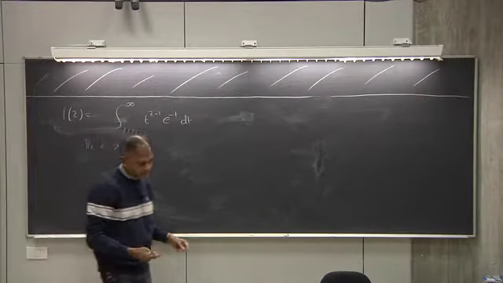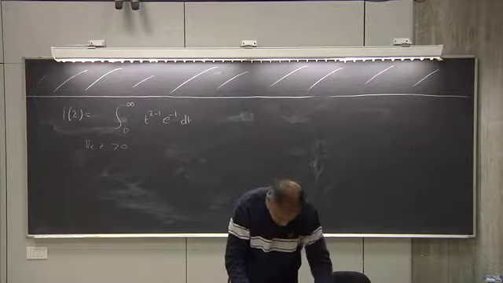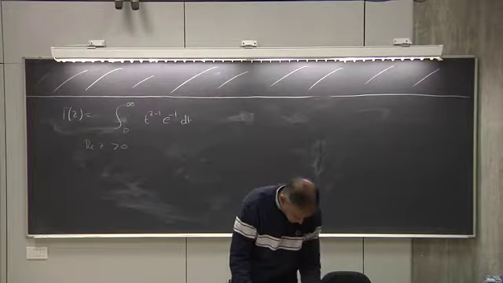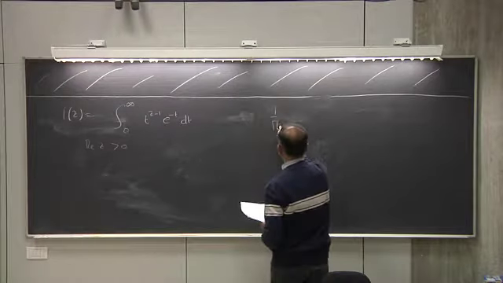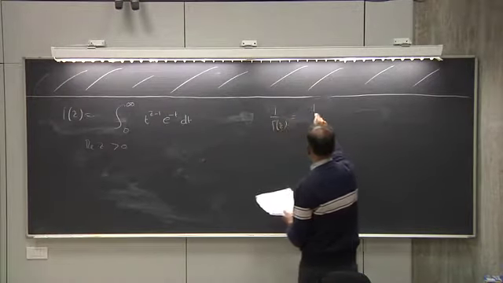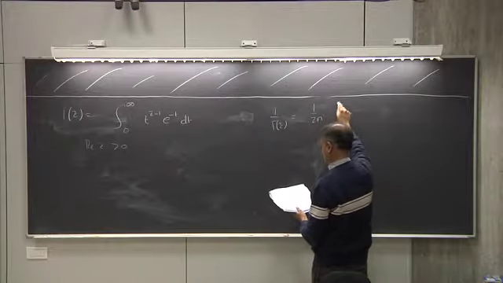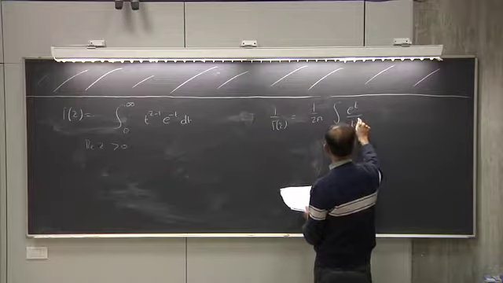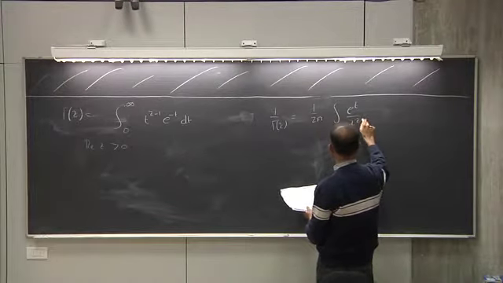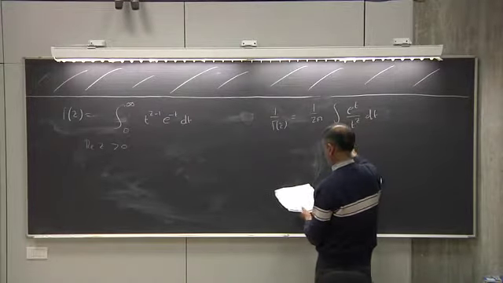However, there was another integral representation. It was 1 over gamma z equal to 1 over 2 pi i times the integral of e to the power of t, t to the power of minus z, dt, along this path.